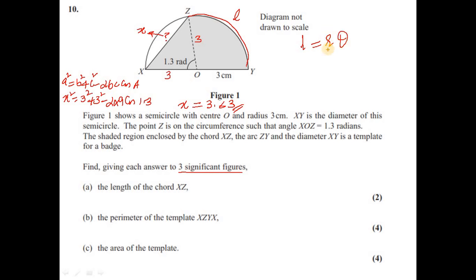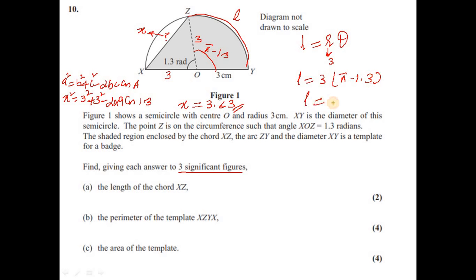This r is the radius, which is 3. Theta is the angle, and we need this angle for the arc length. So this angle is pi minus 1.3. So L is equal to 3 times pi minus 1.3.